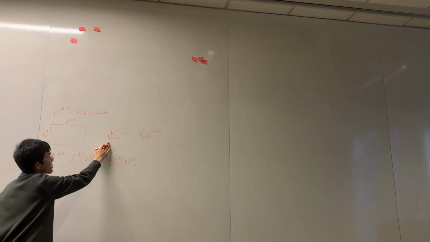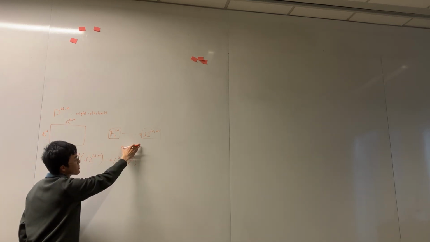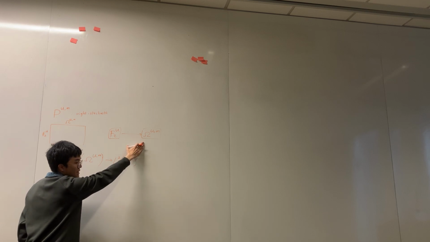Given any probability distribution here, the Markov transition is going to push that distribution forward to a probability distribution on this data space.